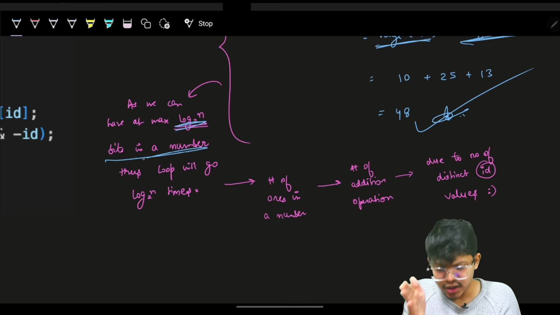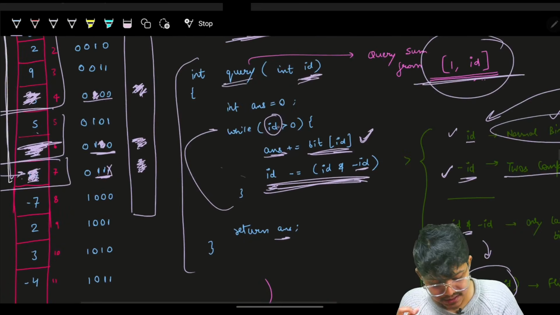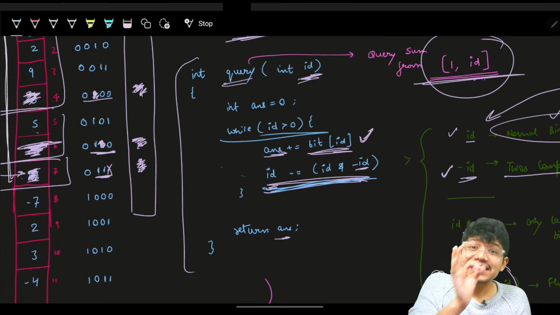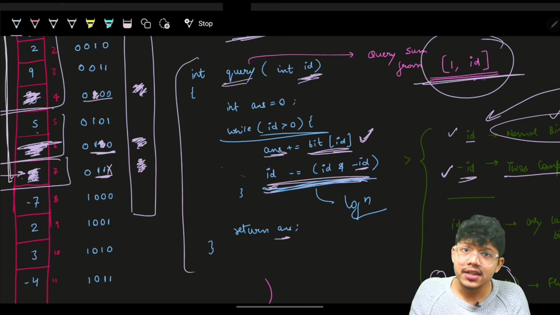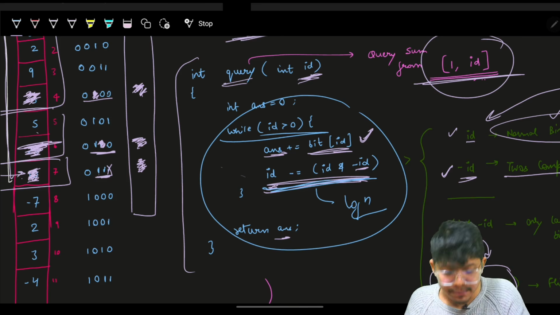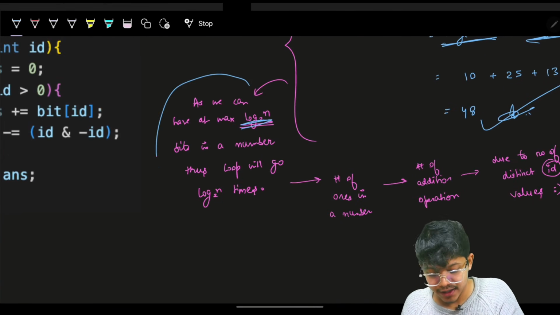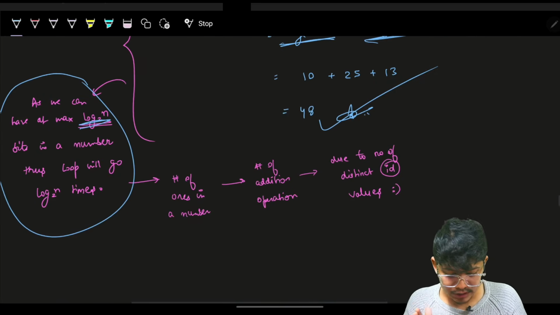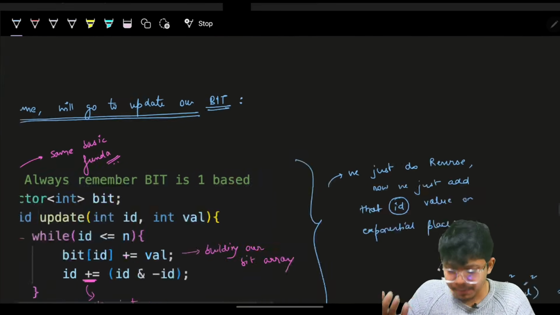It is nothing but a loop, a while loop, which removes the last set bit. And I'm saying a number can have at max log n bits. So at max you can remove log n bits from this number n, and that's how you know for sure that you will apply this operation log n times to find any possible range sum, and that's how you can simply solve it.